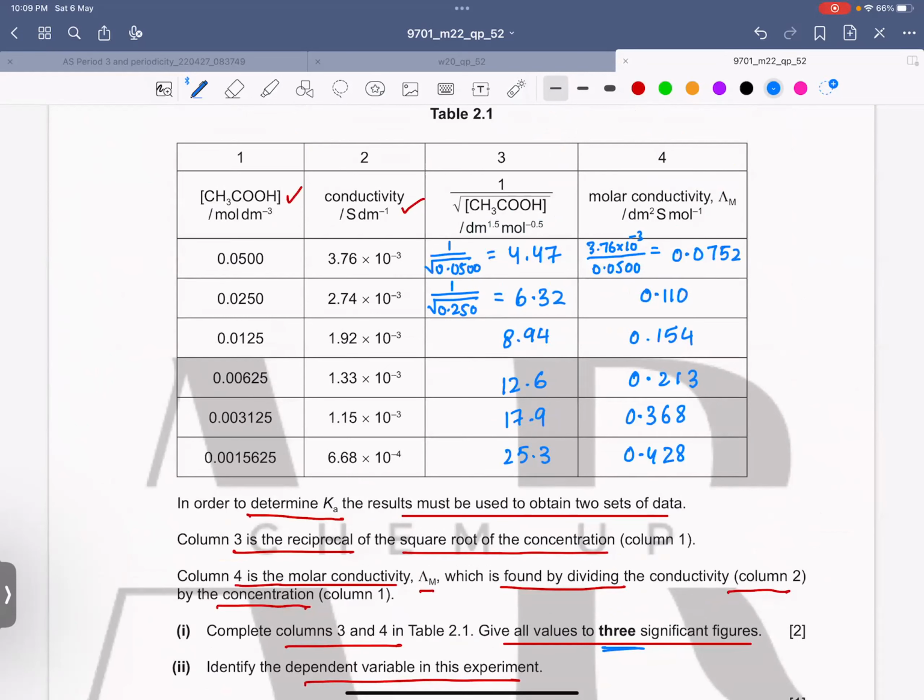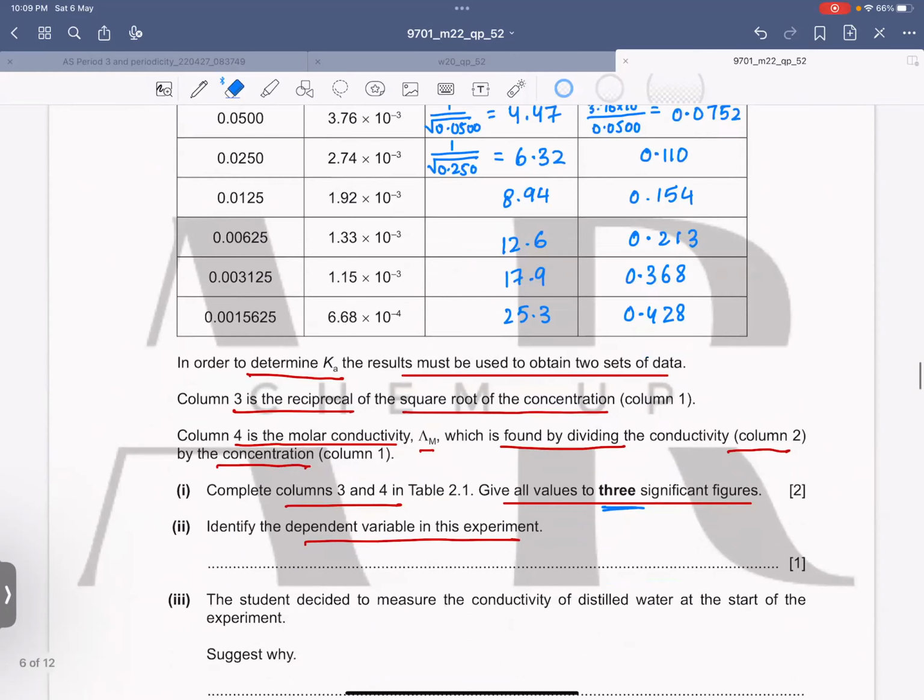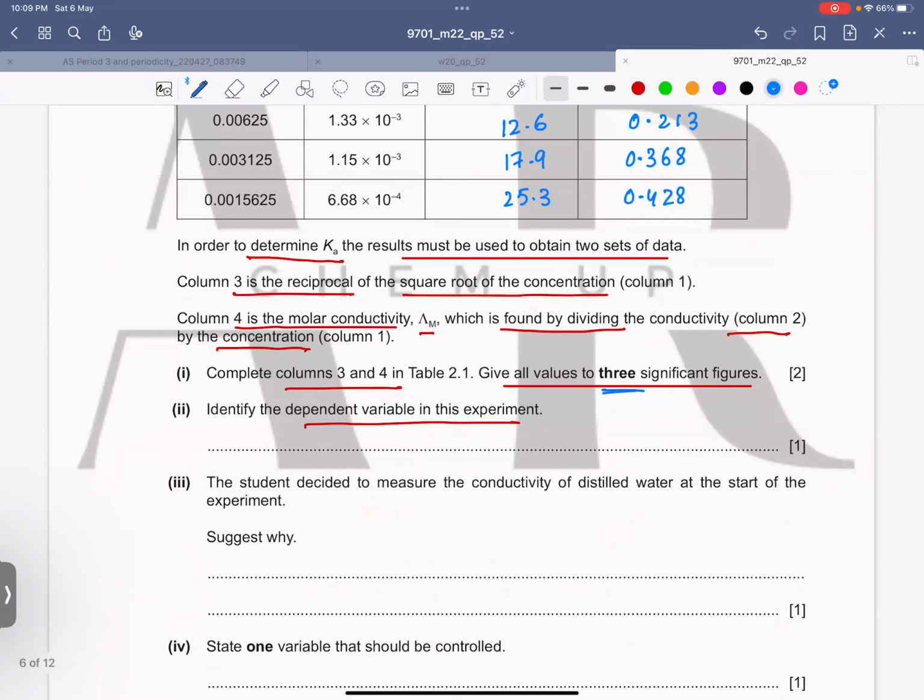And due to these concentrations, the values of the conductivities are getting changed. So the conductivity is the dependent variable. Is this clear to everyone?